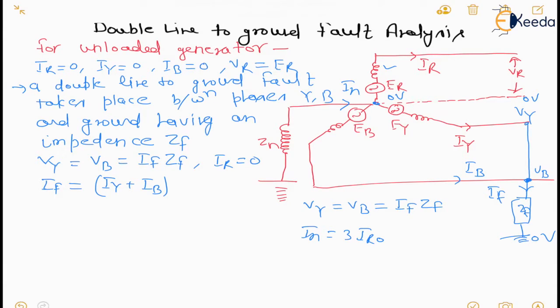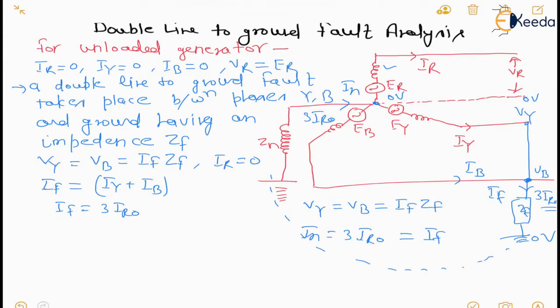Then this fault current will be exactly equal to IF, because 3 into IR naught means IF current is coming here, means there is a return path. You can see IN is here, means 3 IR naught is here and 3 IR naught is here. So you can see clearly that the value of IF is equal to 3 into IR naught.